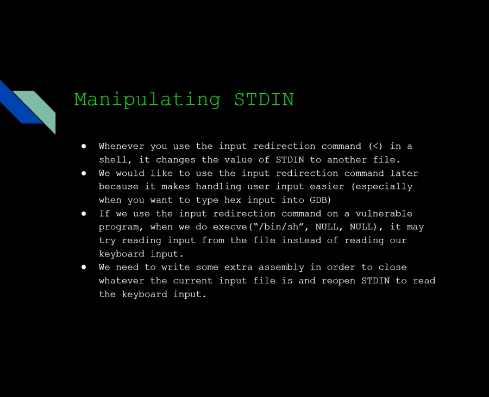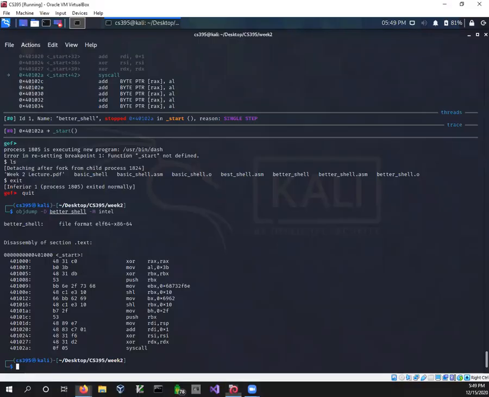So there is one more way that we can make the shellcode a little bit better, and it has to do with the input redirection command. Normally when you do input redirection, you would do something like a command and then an arrow and then a file. If you're unclear on what I mean by input redirection, basically, when we run this command, it's going to be using this file as the input file.